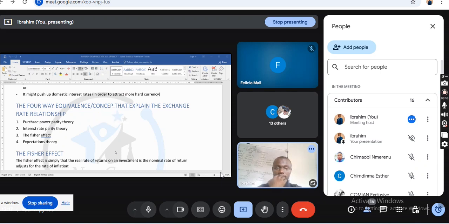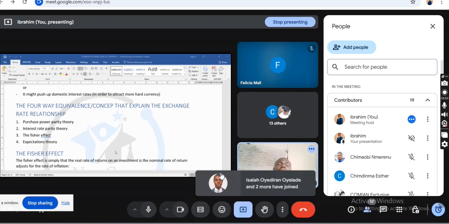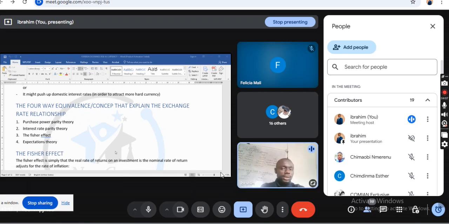Then interest rate parity. Now, before I continue with purchasing power parity, I'm sure that is where we stopped in our last class, which is yesterday, right? Then we want to look at a question under the purchasing power parity.